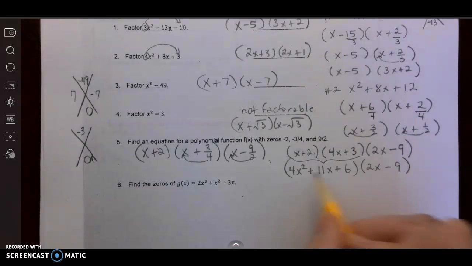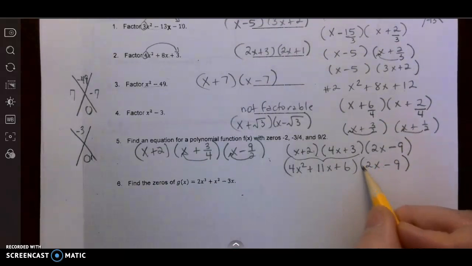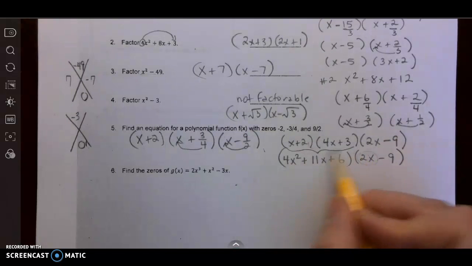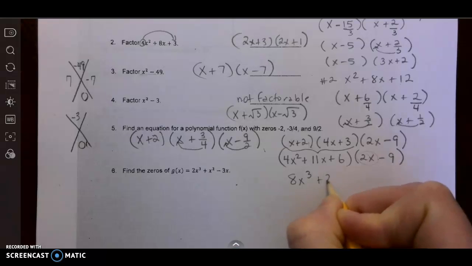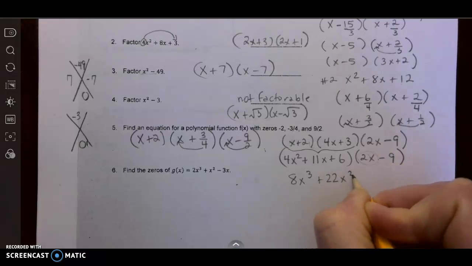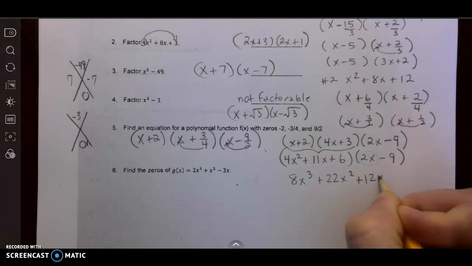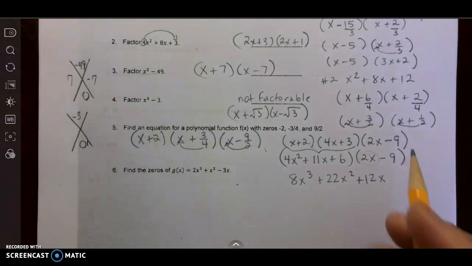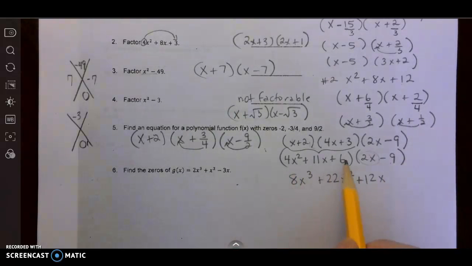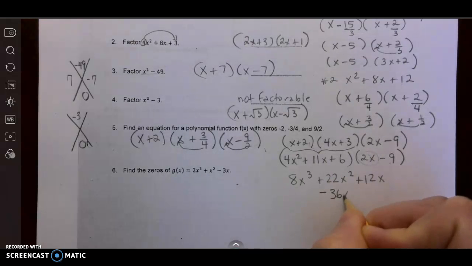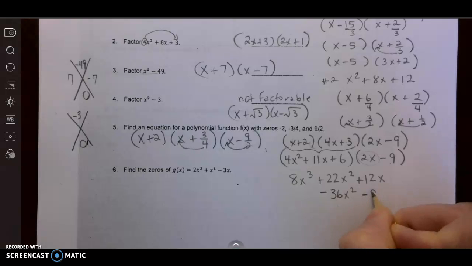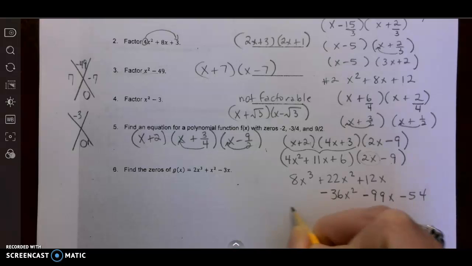I need to multiply these. So I'm going to take this 2x and distribute it to all three, and I get 8x cubed plus 22x squared plus 12x. Then I'm going to distribute the negative 9 to all three, and I get negative 36x squared minus 99x minus 54.